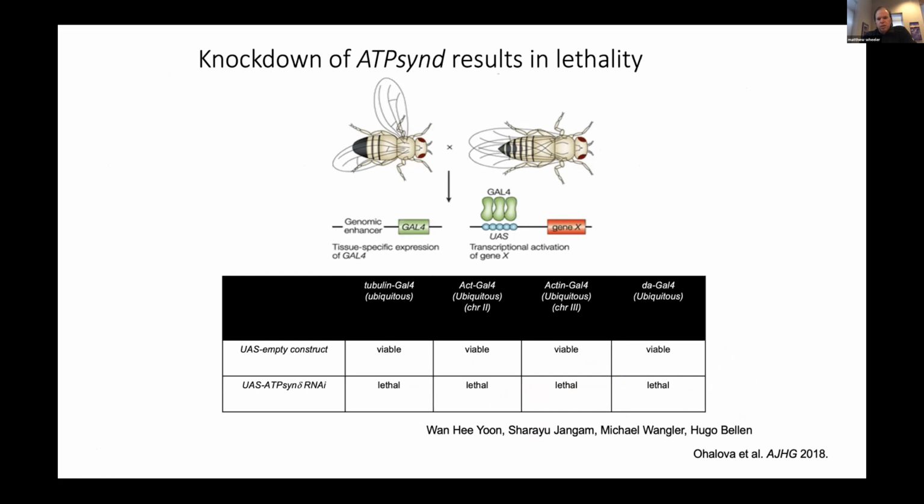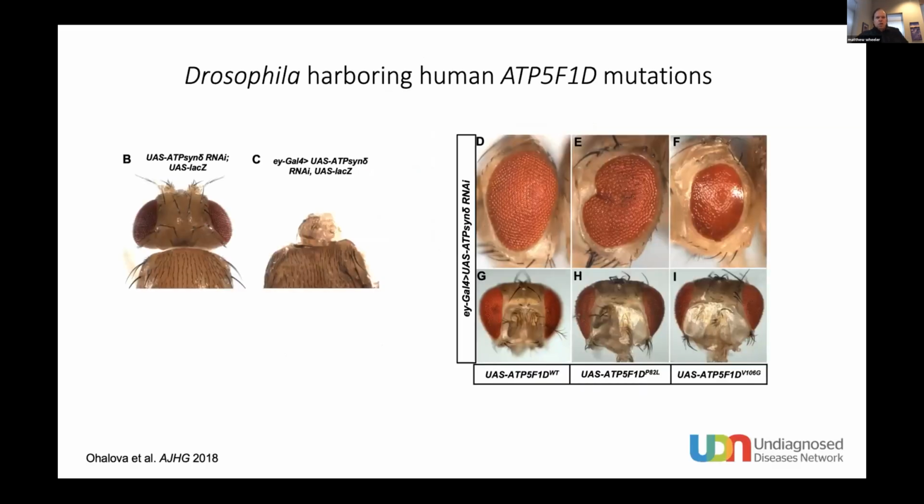Then they basically expressed RNAi on different chromosomes and found that they could not generate any phenotypic animals. And so they went to a conditional regional loss of function approach.